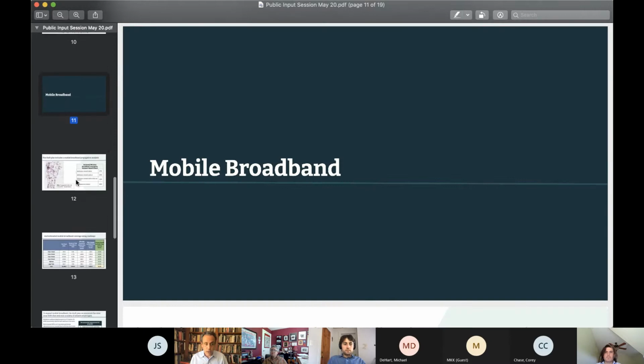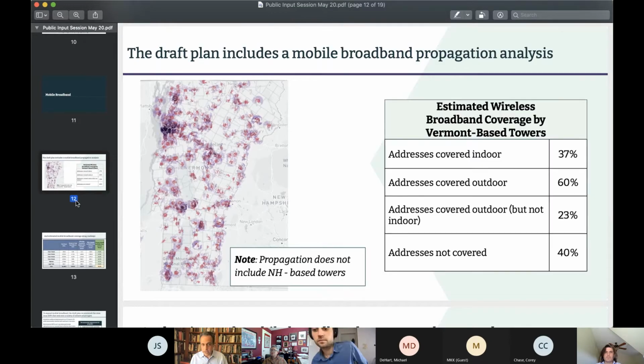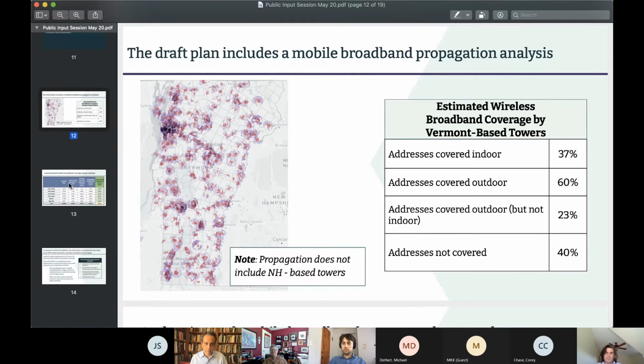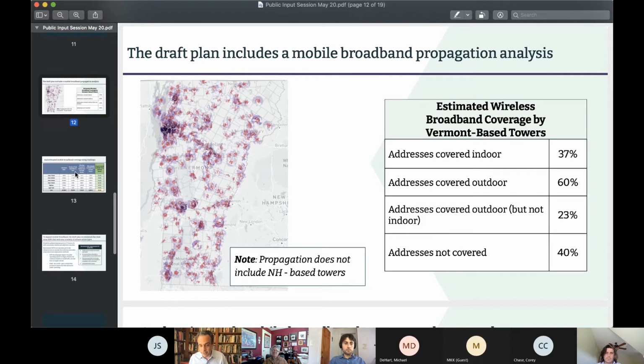So we did, of course, look at mobile broadband and did a propagation analysis on mobile broadband in the state. And it was very interesting to see what the modeling shows as coverage. This is the map that we were able to derive from the data set of known towers and assets deploying, and it doesn't tell necessarily a great story about mobile connectivity.